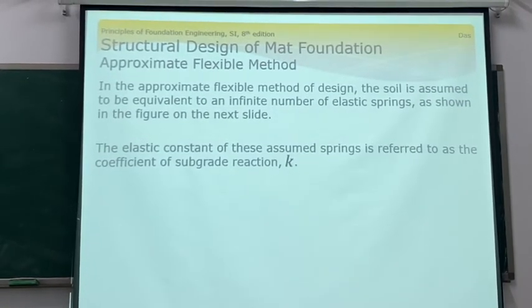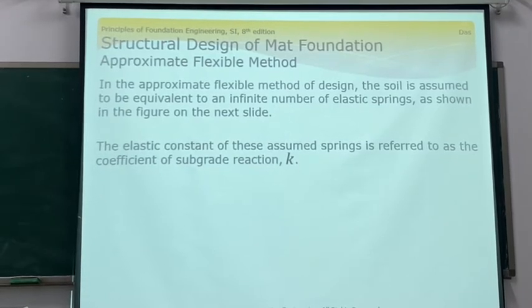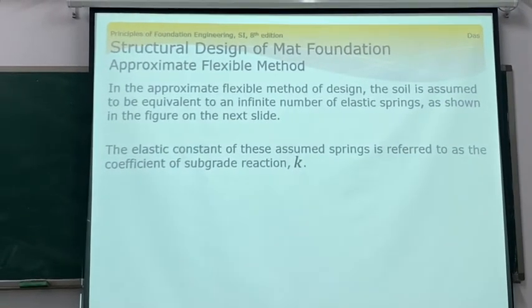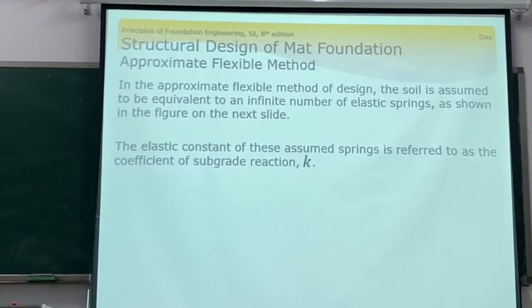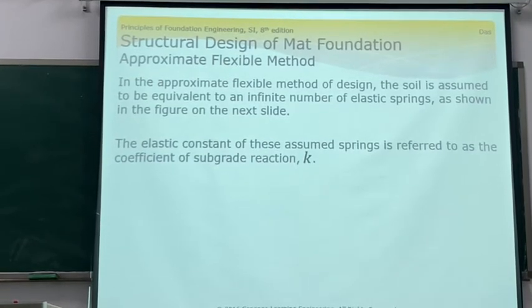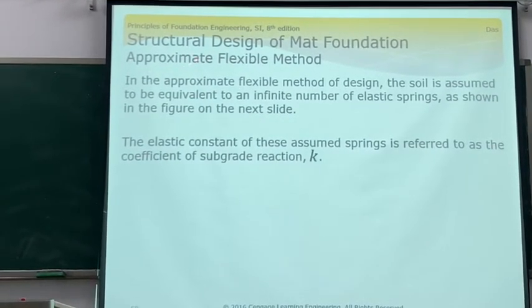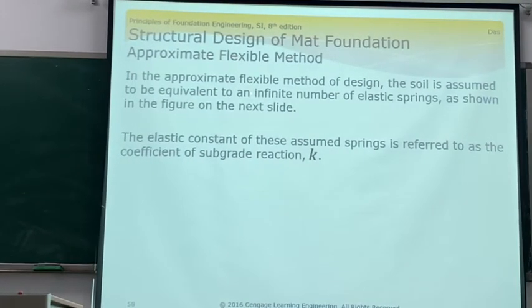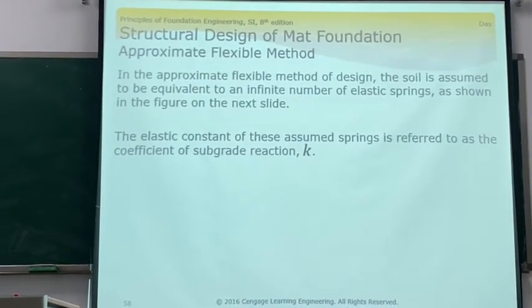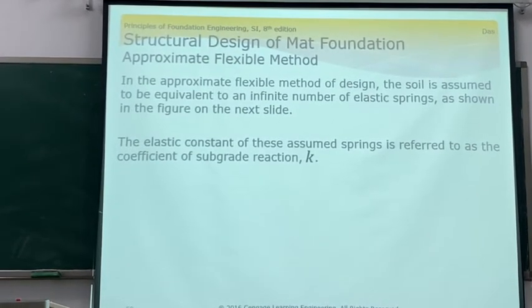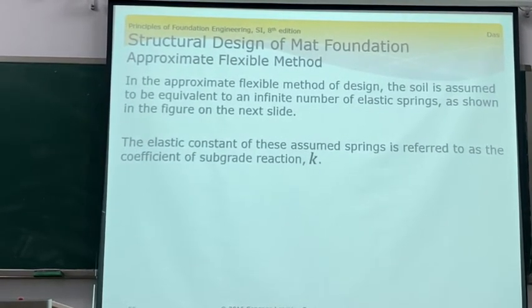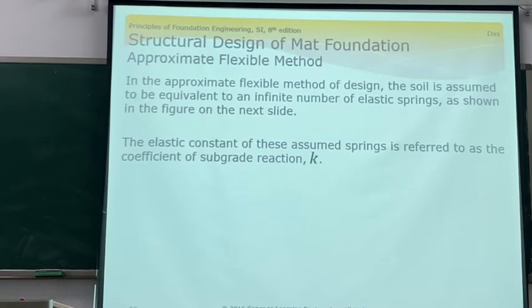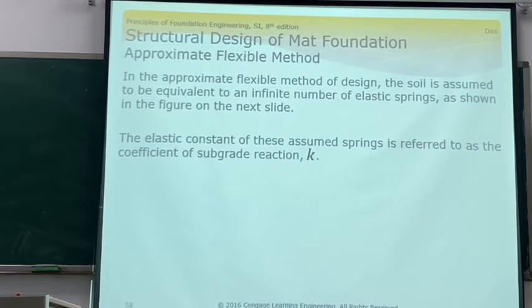Okay, this one assumes the mat foundation is a rigid structure. Another method is to assume the mat foundation is a flexible one. So the pressure at the bottom of the foundation is the load on the foundation.